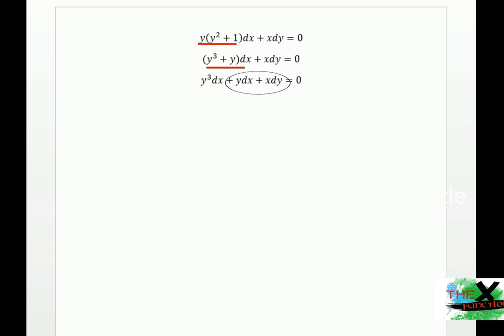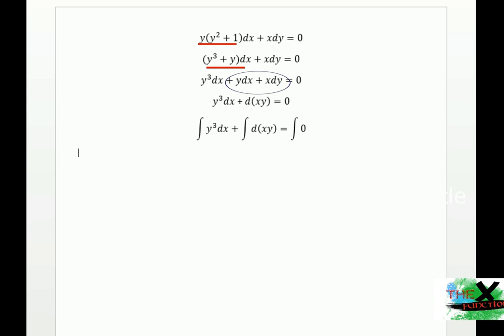Now we have one of the 4 exact differentials. So let's substitute the value of y dx plus x dy, which is d of xy. So we have y cubed dx plus d of xy is equal to 0. Now let's proceed to the integration. The integral of y cubed dx plus the integral of d of xy is equal to the integral of 0.